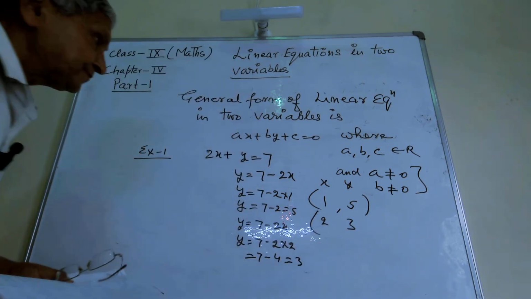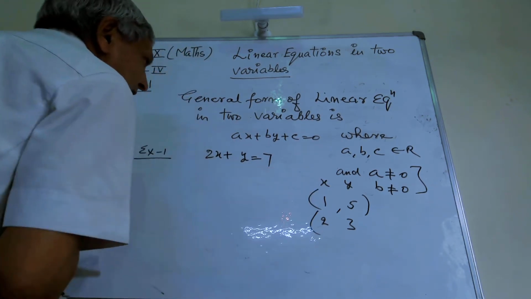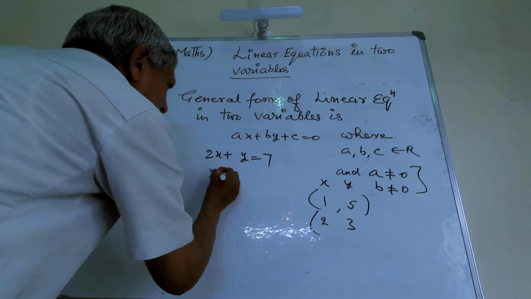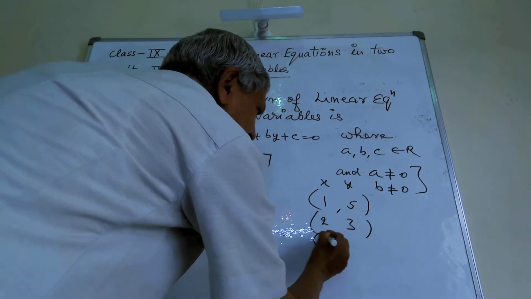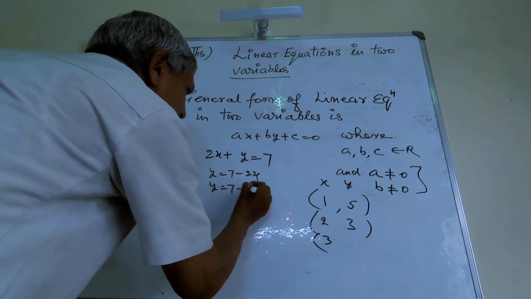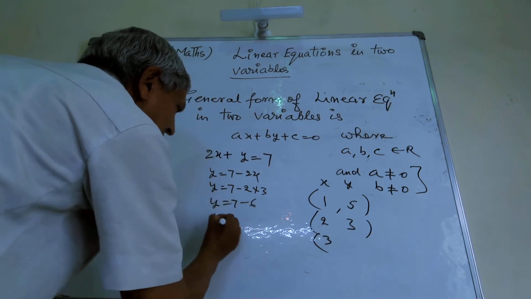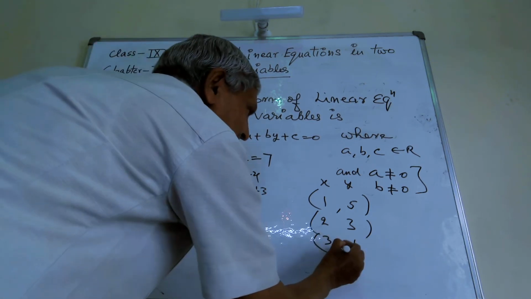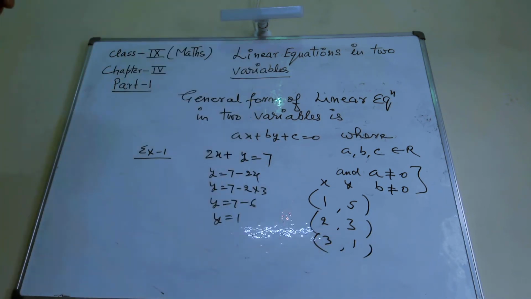Again, y is equal to 7 minus 2x. Put the value of x is equal to 3. y is equal to 7 minus 2 into 3, y is equal to 7 minus 6 and y is equal to 1. The value of y is 1. This is the third pair of values.